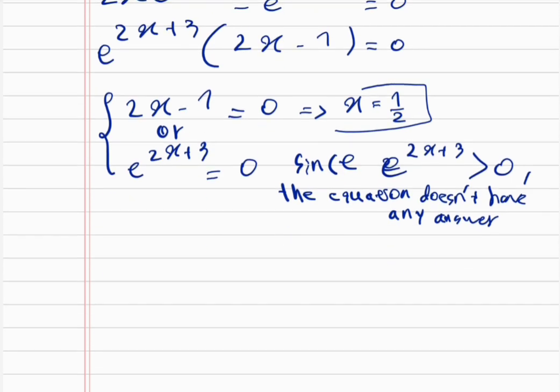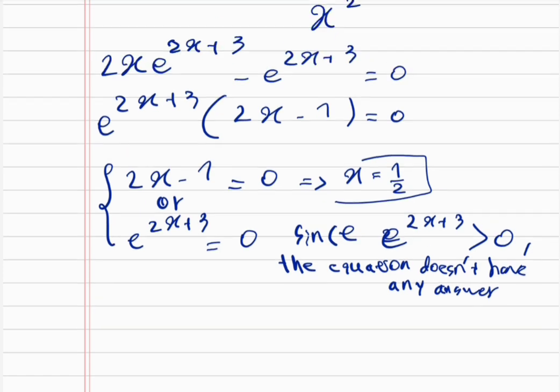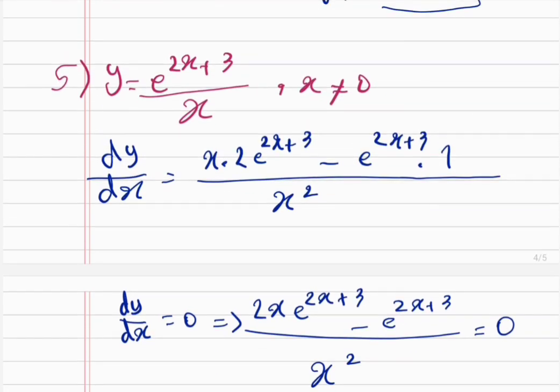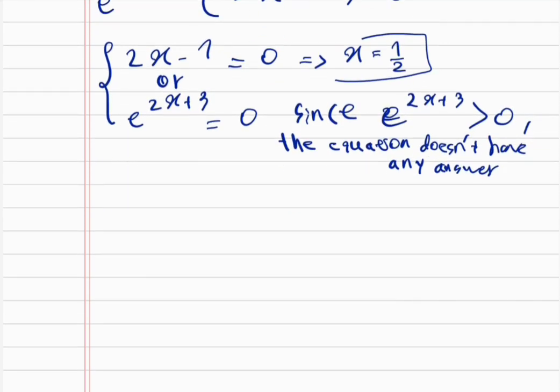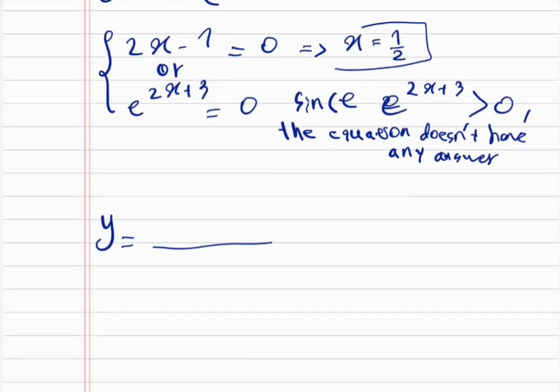So in order to find the coordinate of the stationary point, we need to substitute x is equal to a half into the main function, which is here. So y is equal to e to the 2x plus 3, all over x. So we substitute that, and let's see what we get. Let me write that down just to be more clear.